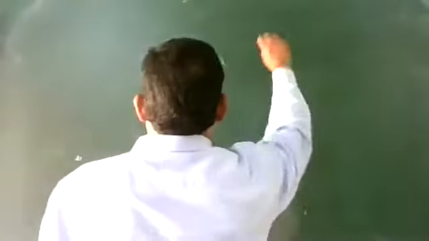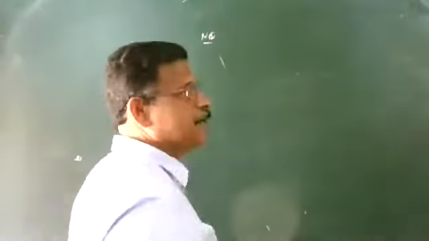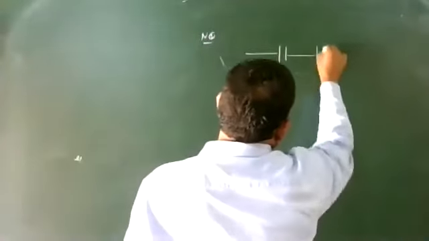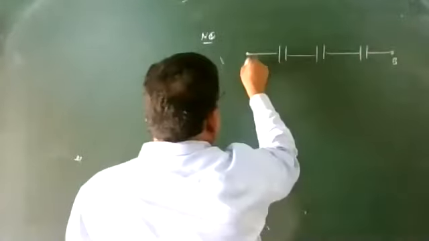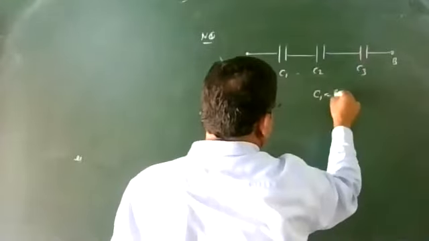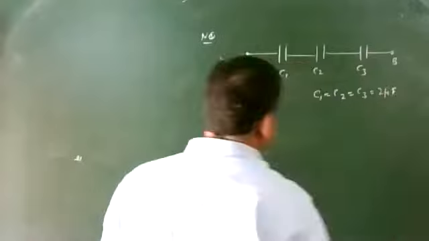Okay, we will see some connections here. Numerical number 1, to recognize series and parallel connections. First connection: C1, C2, C3, all the values are equal to 2 microfarad.